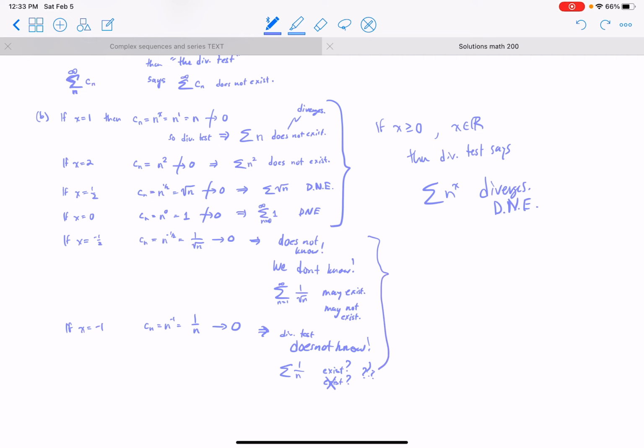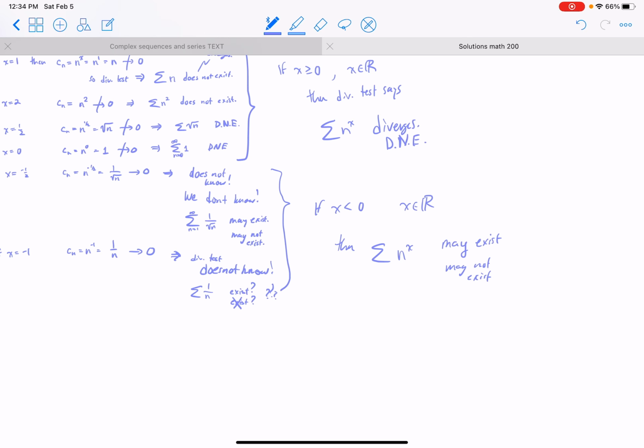Over here, though, if x is a negative number, x is a real number but negative, then the sum of n to the x may exist. It may not exist. In particular, I'll spoil it for you.